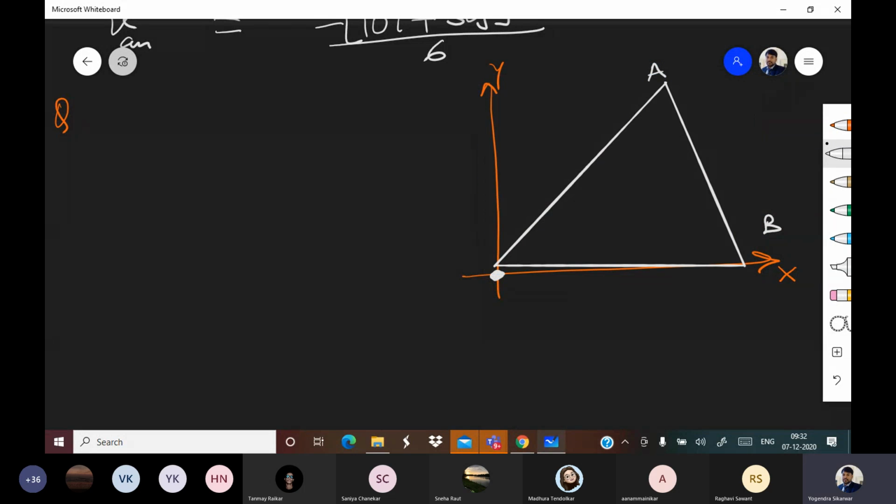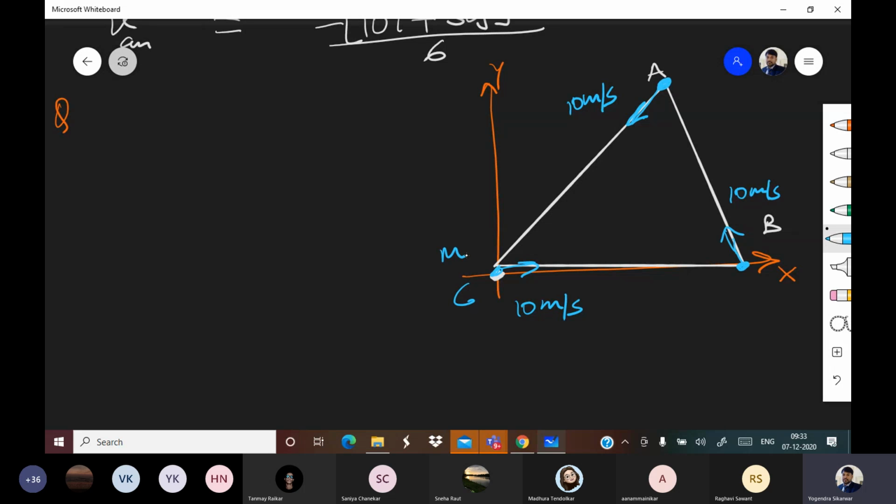Okay, I'm not going to waste more time on this. So this is A, this is B, this is C, and C is moving towards B with 10 meters per second. B is moving towards A with 10 meters per second, and A is moving towards C with 10 meters per second.